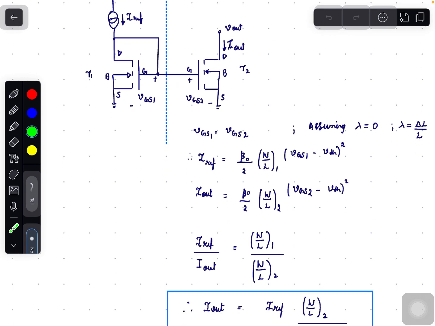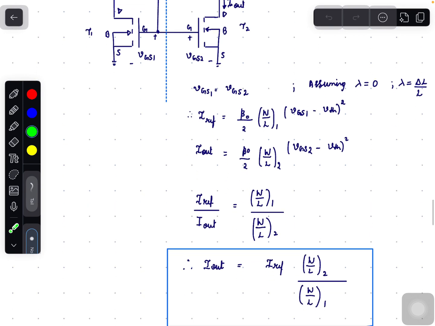Divide IREF by Iout. Since VGS1 equals VGS2, this term cancels. β0/2 cancels, and we get IREF by Iout equals (W/L)1 by (W/L)2. If (W/L)1 equals (W/L)2, we get Iout equals IREF.